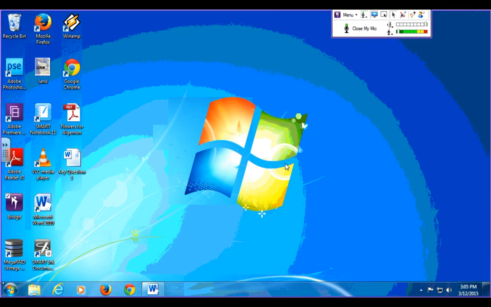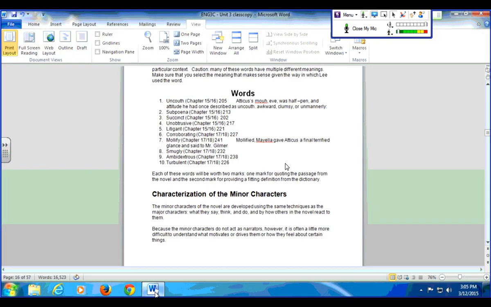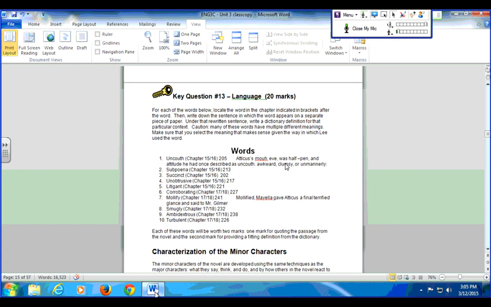So we're going to pick up where we left off yesterday. And we were looking at key question 13. Now, just looking at language, and specifically words that you may not know what they mean or even have heard of. And that's because the English language is constantly changing and evolving.